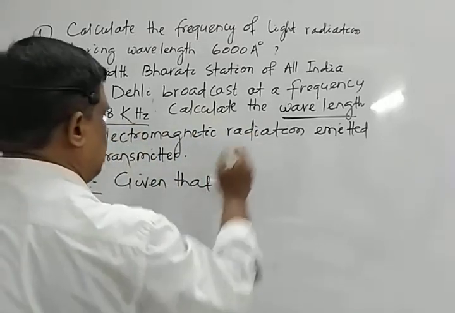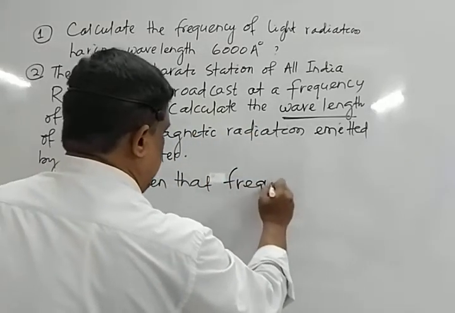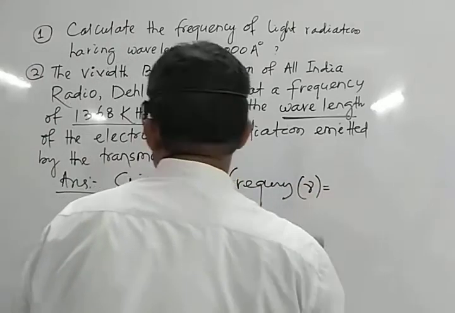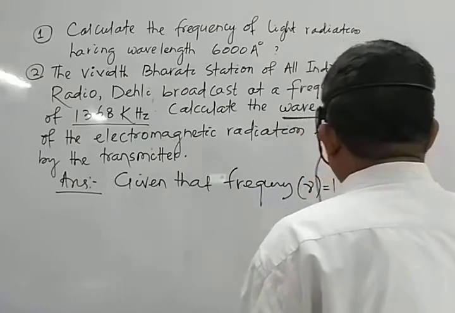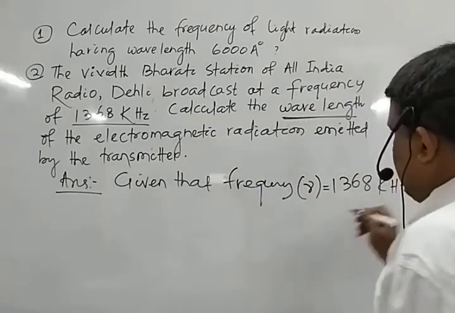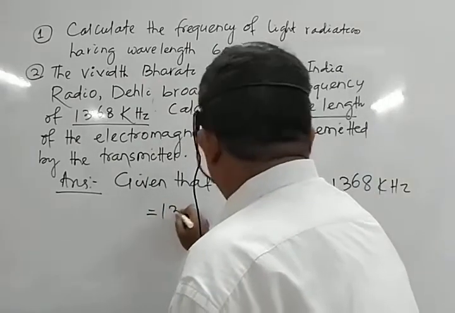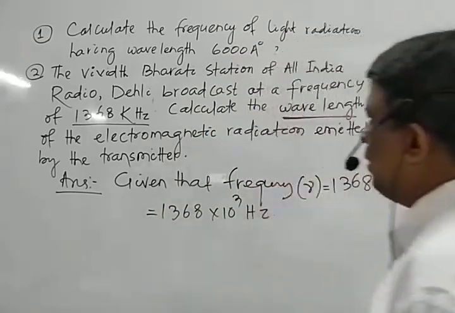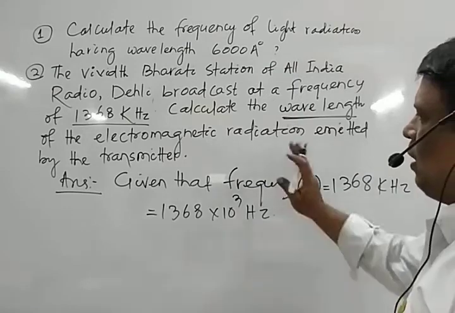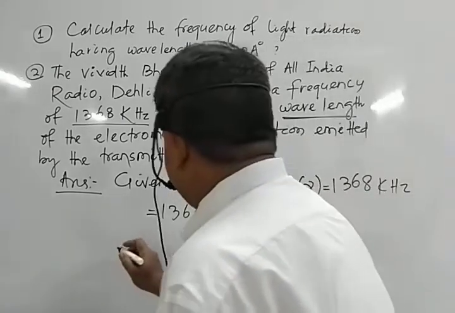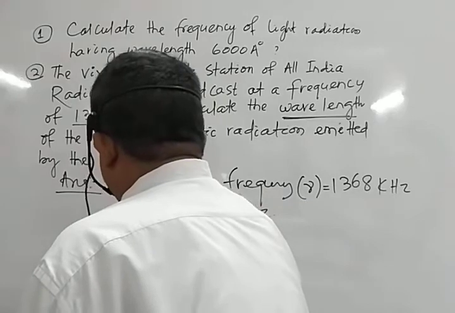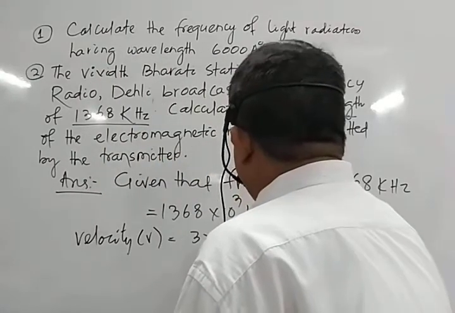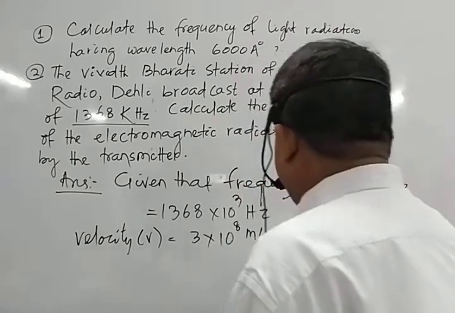The frequency, nu, given is equal to 1368 kilohertz, that is 1368 into 10 to the power 3 hertz. Next, light radiation: we know the velocity of light radiation, v, is equal to 3 into 10 to the power 8 meter per second.